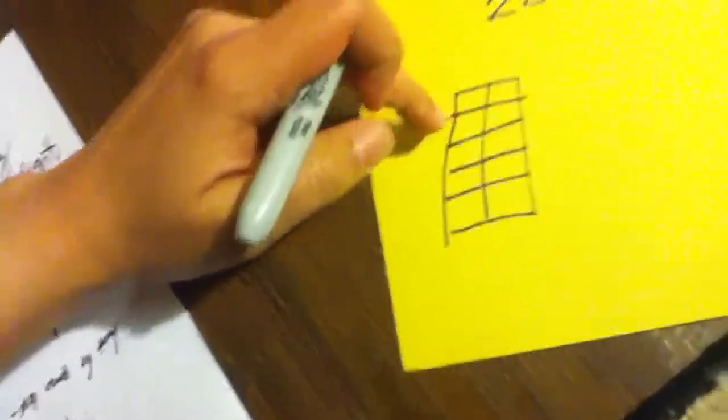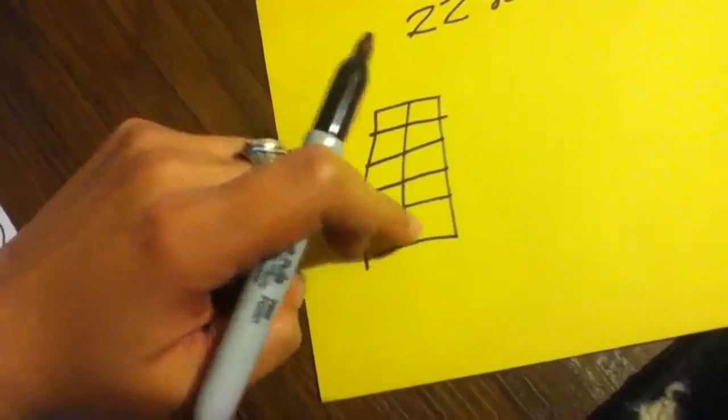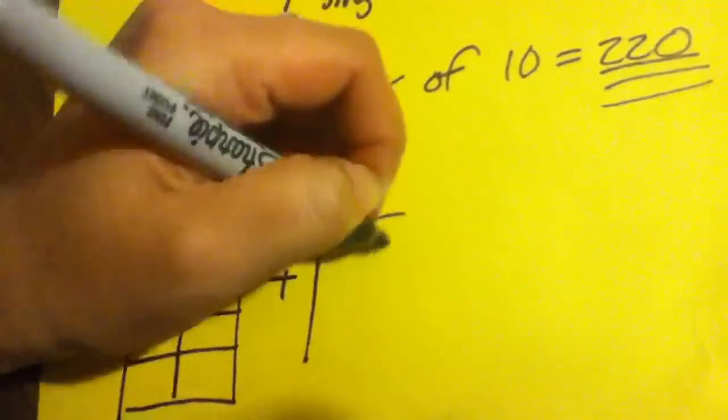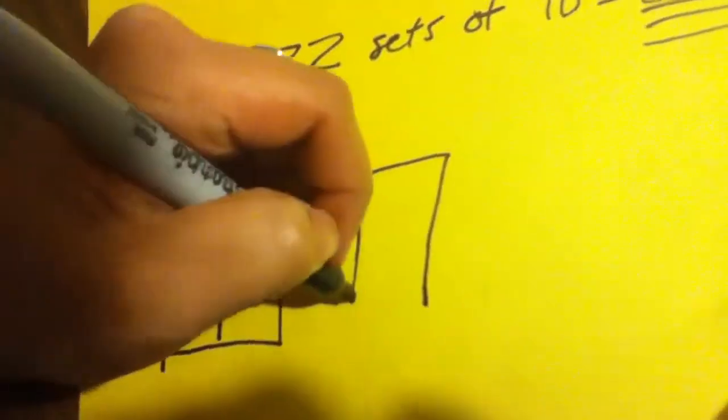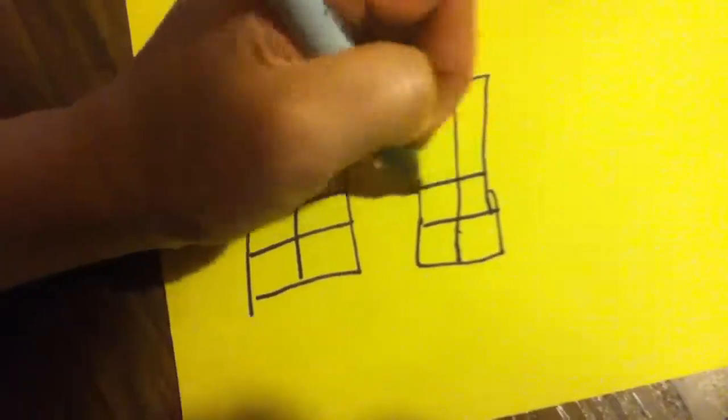So now we saw that we had 8 singles and 7 singles. So we're going to draw our tens frames out. 1, 2, 3, 4, 5 times 2 is 10. We're going to go ahead and draw one more tens frame here. 1, 2, 3, 4, 5.